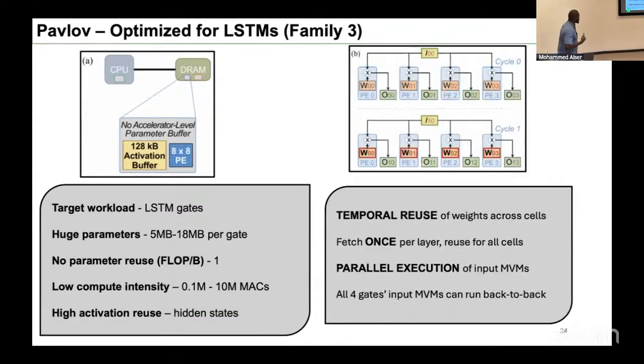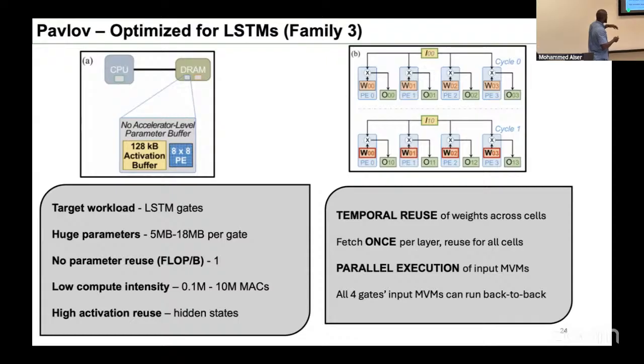To explain what I understand from the data flow, the input activation is broadcast at the same time to all the processing elements, and the weight is held temporarily inside of the processing elements, and in the next cycle the same weight is reused.